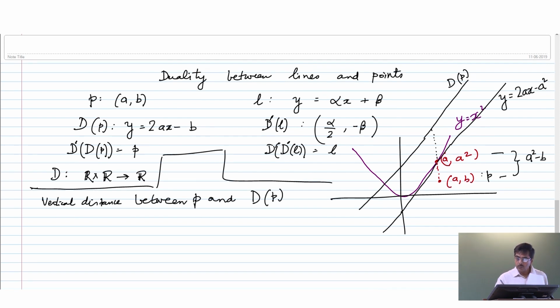And what is this distance? This will turn out to be, let me use a different color, 2a square minus b. You can just solve that because the dual is this line 2ax minus b. So, you can just calculate this distance.